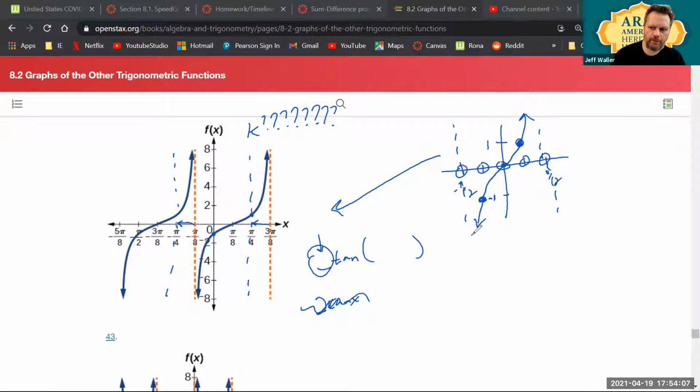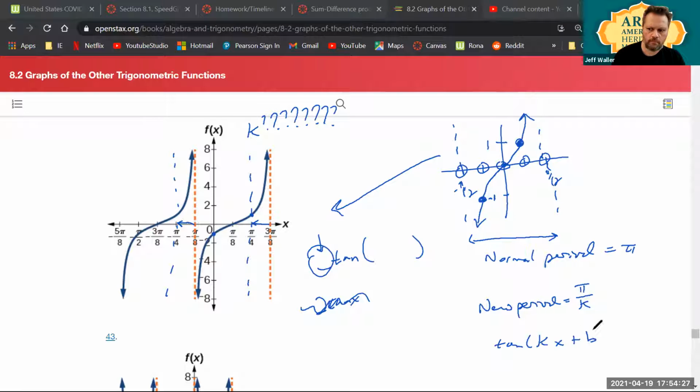So what's the normal period for tangent? Pi. And to figure out the new period, I would take pi divided by K. Is that cool? All right, so how do I figure out what K is?